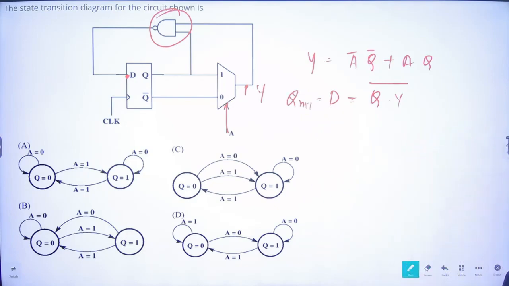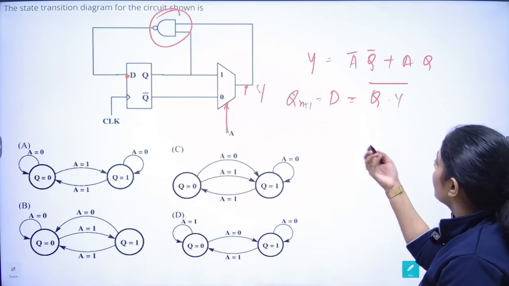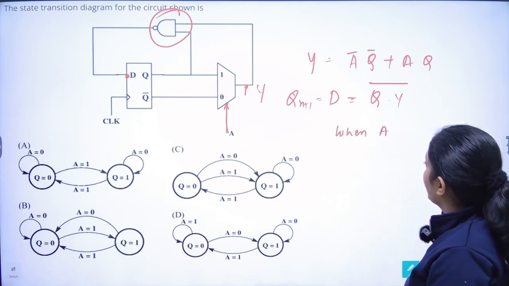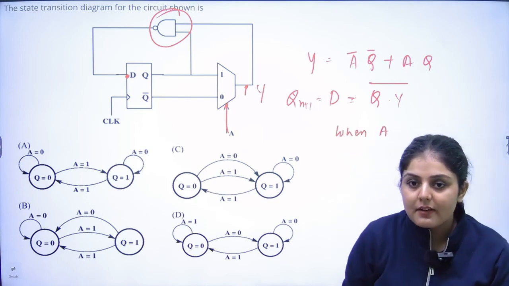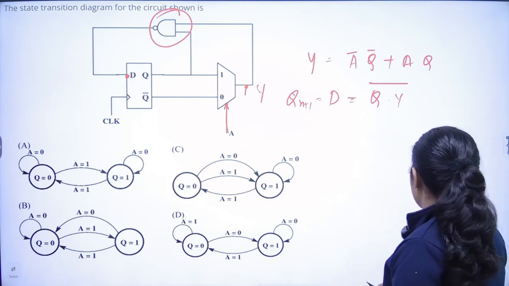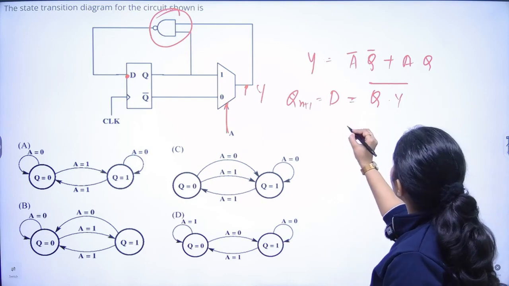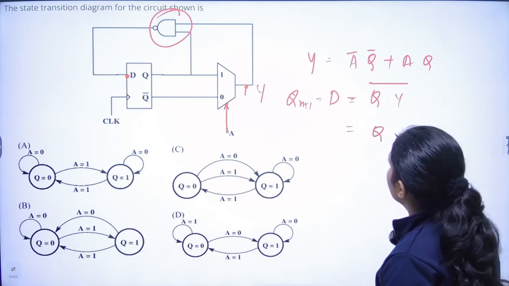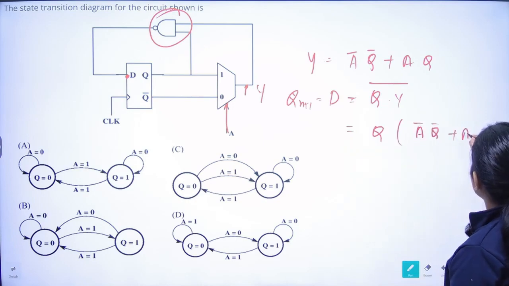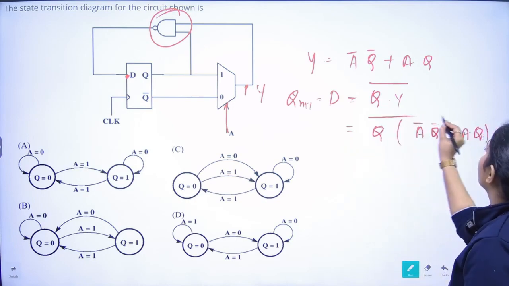So we can easily find out, for different values of A, how the states will be transitioning, right? We just complete it. So that will be (Q A bar Q bar plus A Q) whole bar.